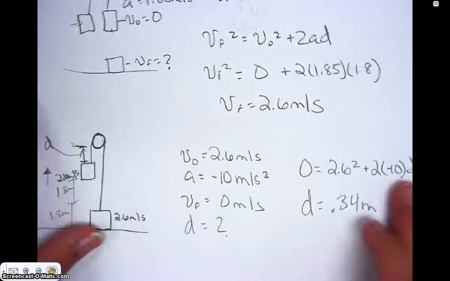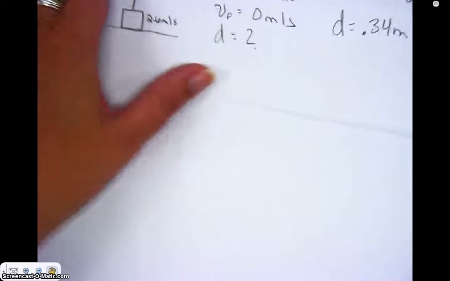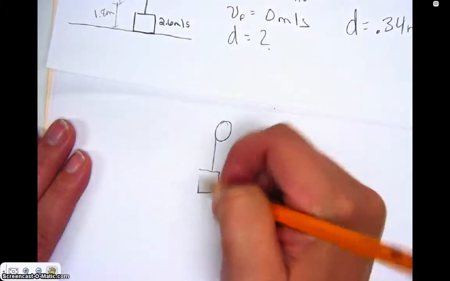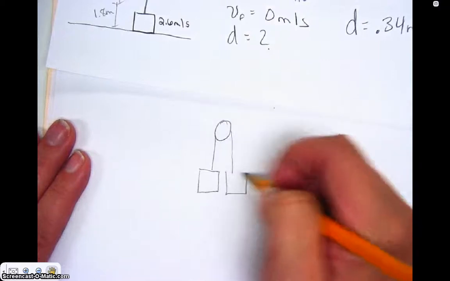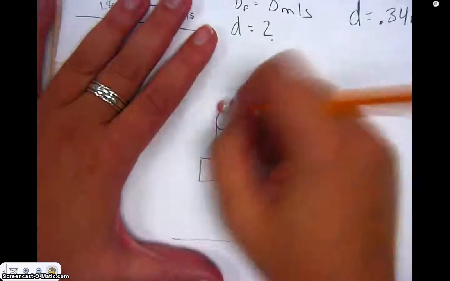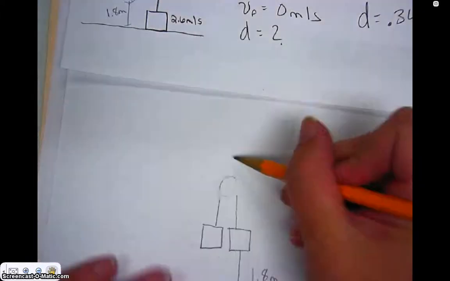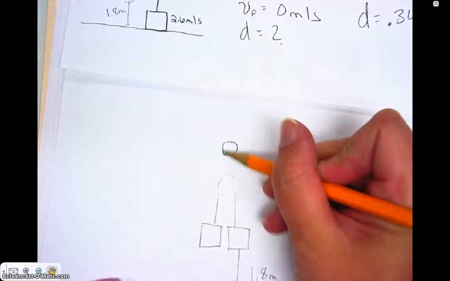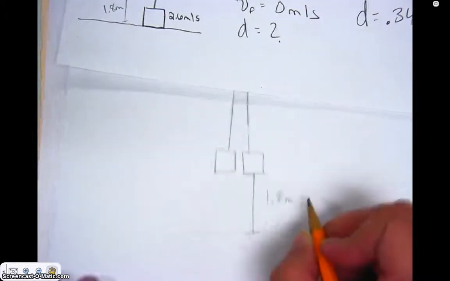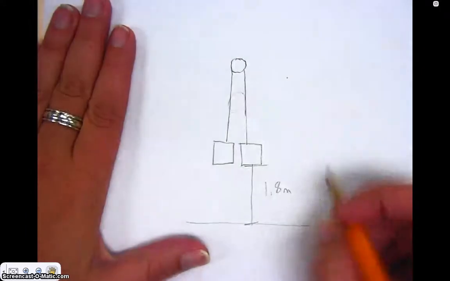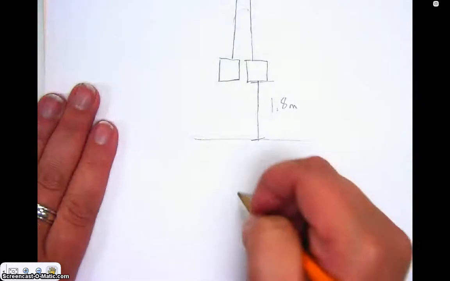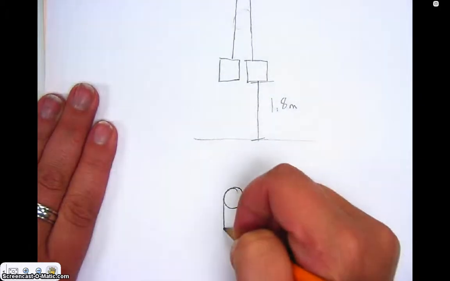Now let's put all the parts together and I'll redraw a good picture. Here they are dangling in their original position, 1.8 meters off the ground. Let me draw it a little bigger. Then once this one goes down 1.8 meters, we are at this scenario.